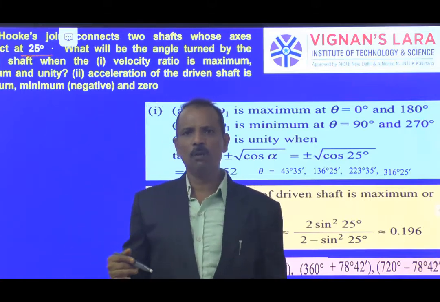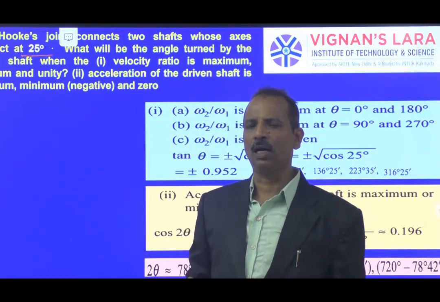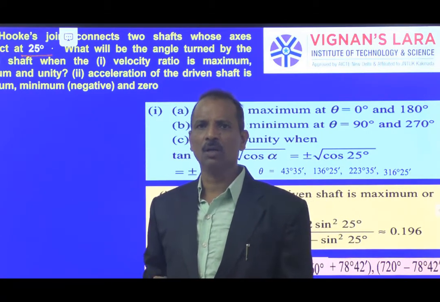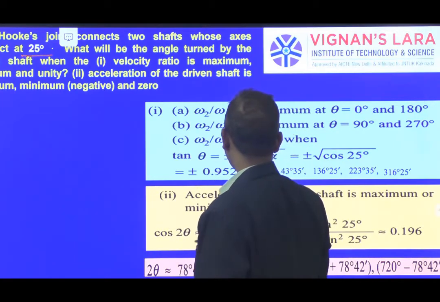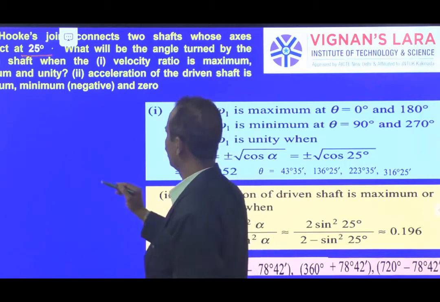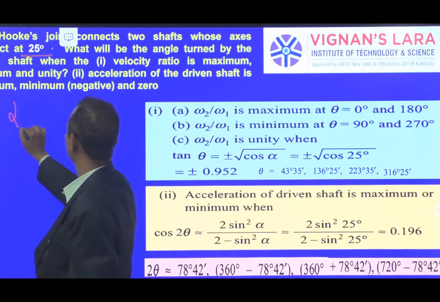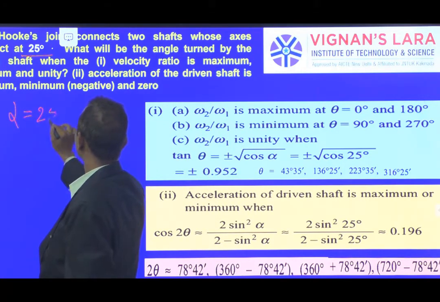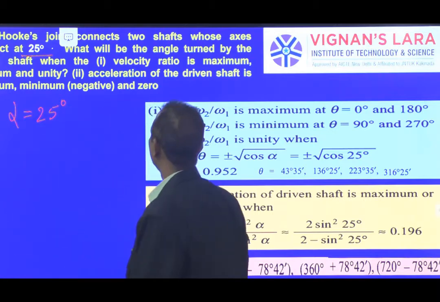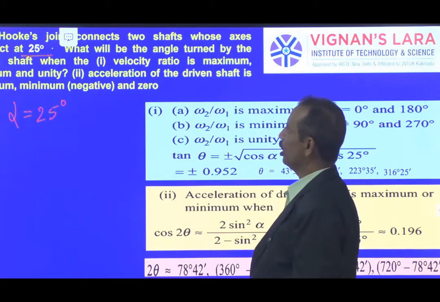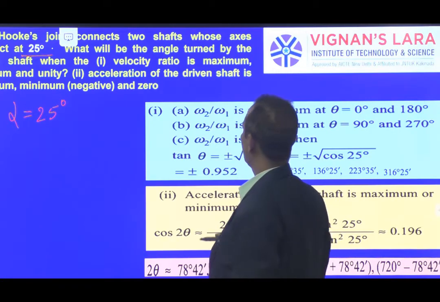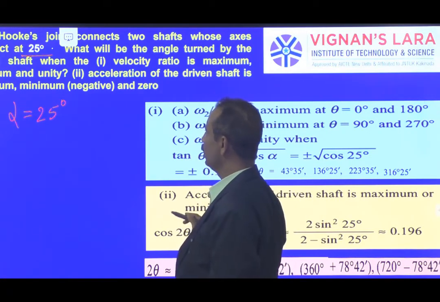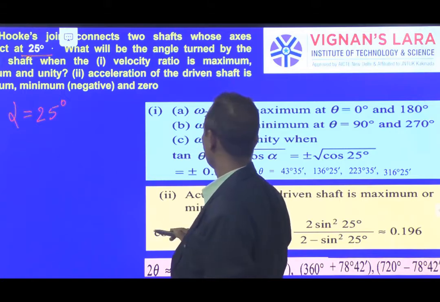In the earlier problems, they had not given α; we calculated α and then proceeded further. Whereas in this problem, the α value is directly given, that is α equals 25 degrees. What will be the angle turned by the driving shaft when the velocity ratio is maximum, minimum and unity?